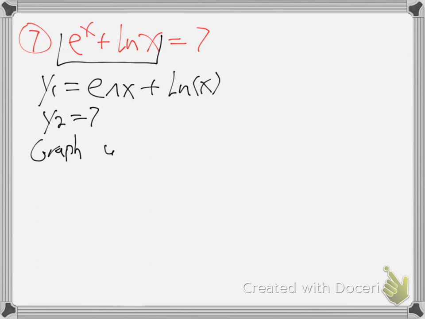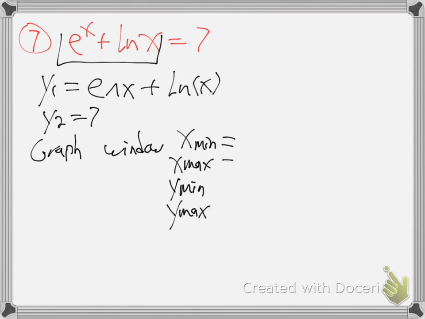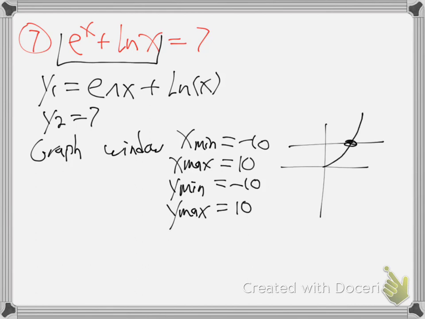My window was just the normal window. X min, X max, Y min, Y max, negative 10, 10, negative 10, 10, and I got a nice little graph, and they intersect right there.